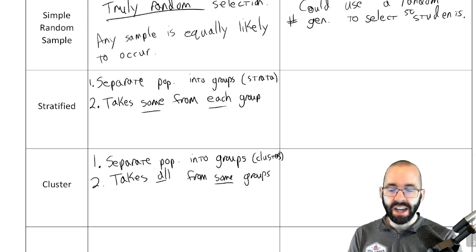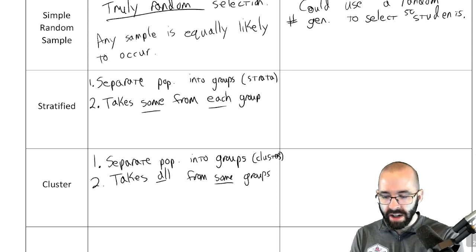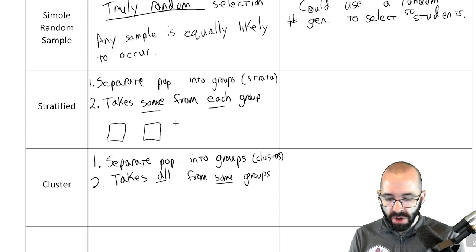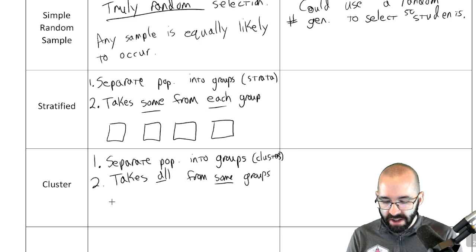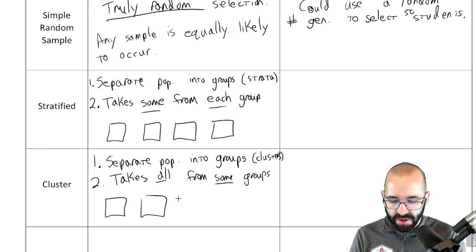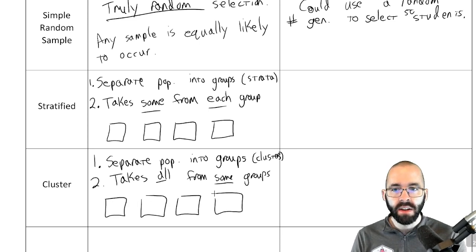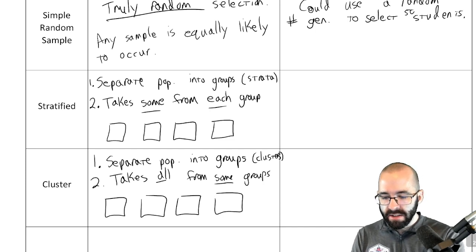So if we could visualize this, right? Let's say we have 4 groups. So both of these are dividing them into 4 groups. Well, stratified says, let's look at some from each group.